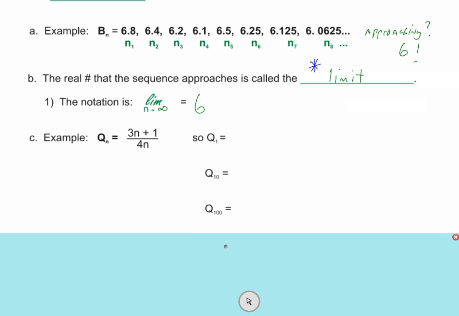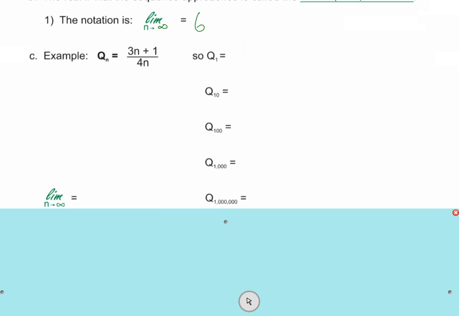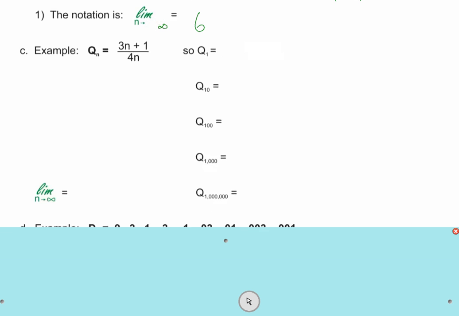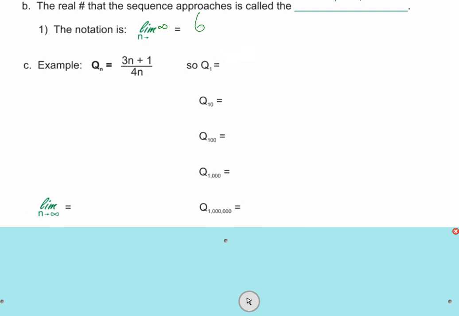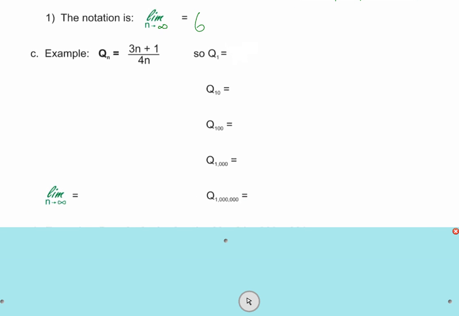All right, so here's an example. We've got to approach infinity. Now instead of listing all the values, we're given the formula.